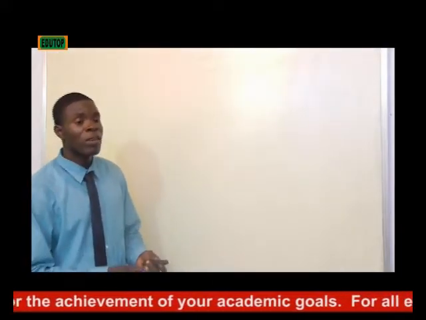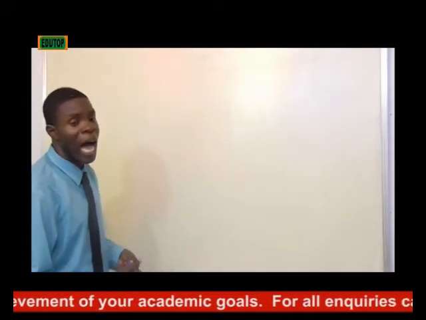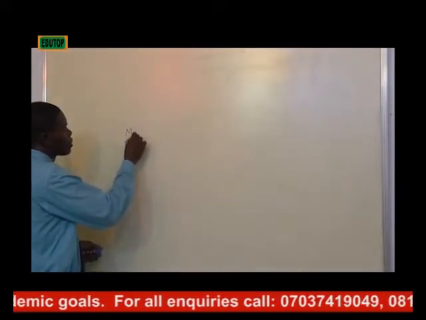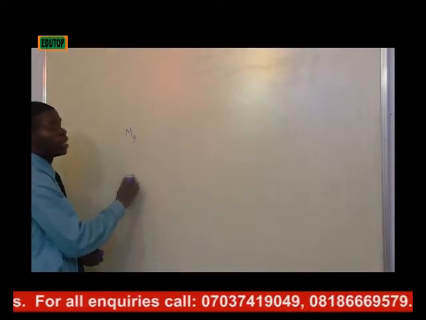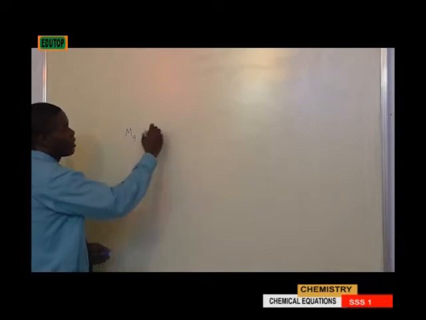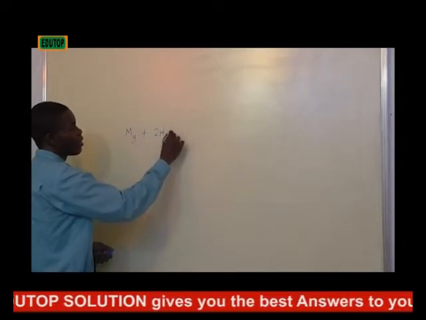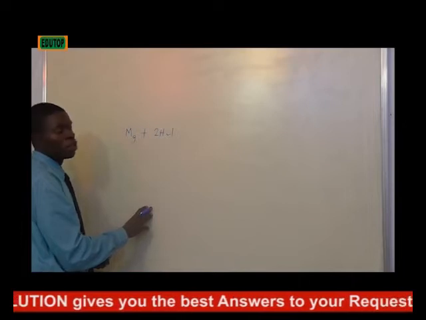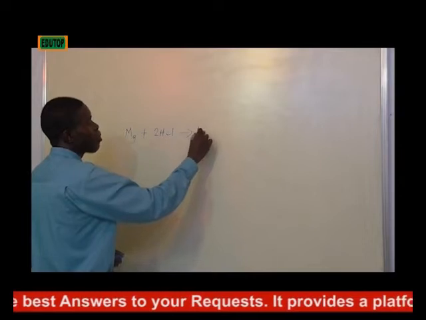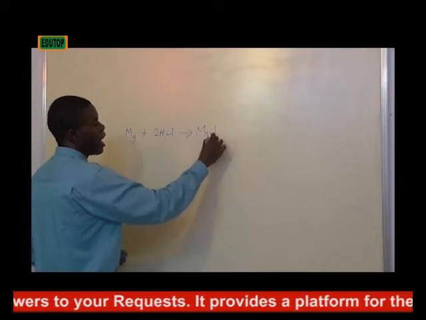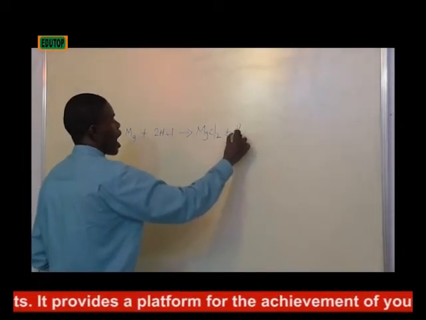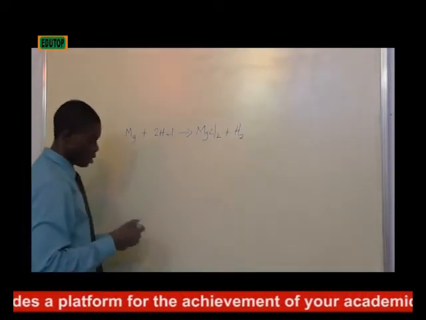In the reaction between magnesium and hydrochloric acid, here magnesium, Mg, reacts with hydrochloric acid, which is 2HCl, to give you magnesium chloride, MgCl2, plus hydrogen gas.